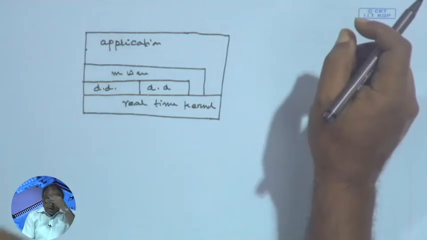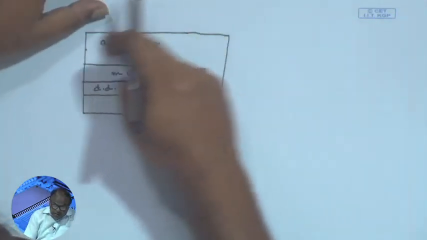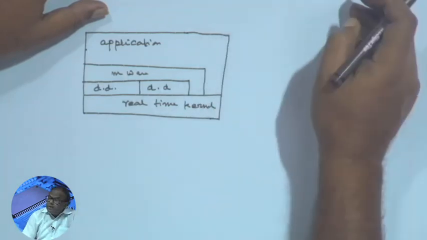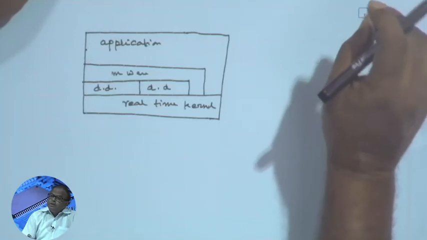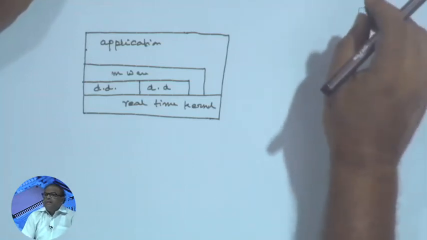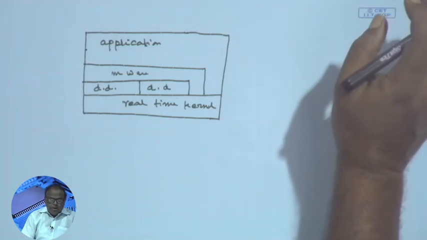Now, this can be thought of as a general RTOS, real time operating system, or there can be RTOS for specific domains. I can have specially tuned real time operating systems as well. Right.